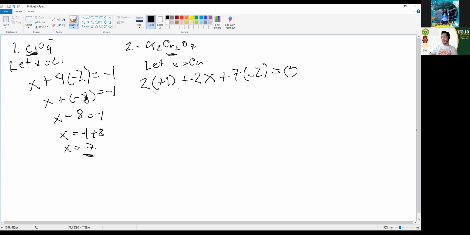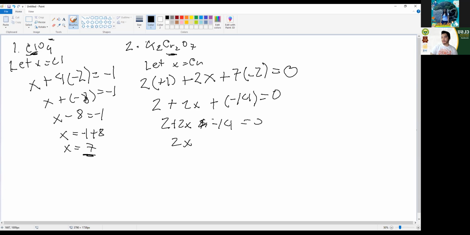Simplifying, 2 times 1 is 2, plus 2x, plus 7 times negative 2 is negative 14, equals to 0. So you have 2 plus 2x plus negative 14 is equal to 0.